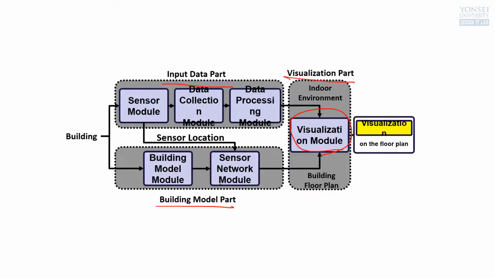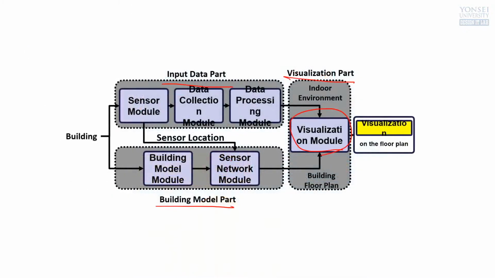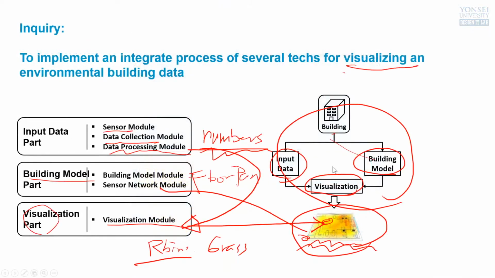And as I showed you before, the data structure for the entire system can be described this way. Okay, this is the entire data structure. Existing floor plan, building model part, input data part, and visualization part. There are many sub-data structures in each module. Okay.